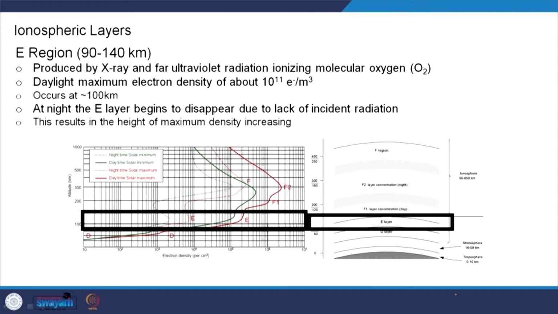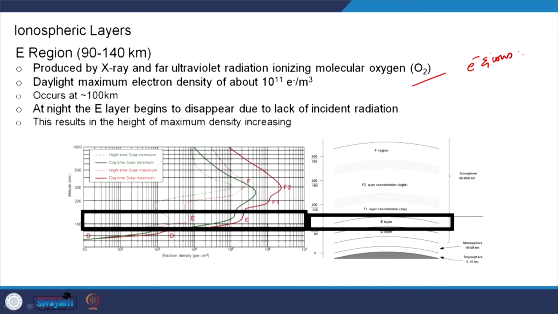In the E layer, X-rays, which are considered very energetic, will travel all the way from the top of the ionosphere to these heights, 90 to 140 kilometers, and ionize the oxygen molecule to release electrons and ions.